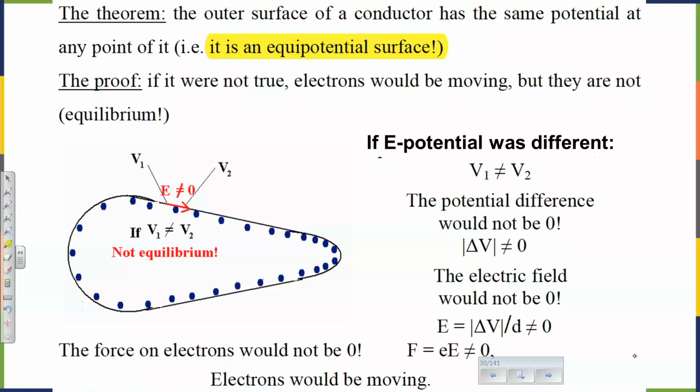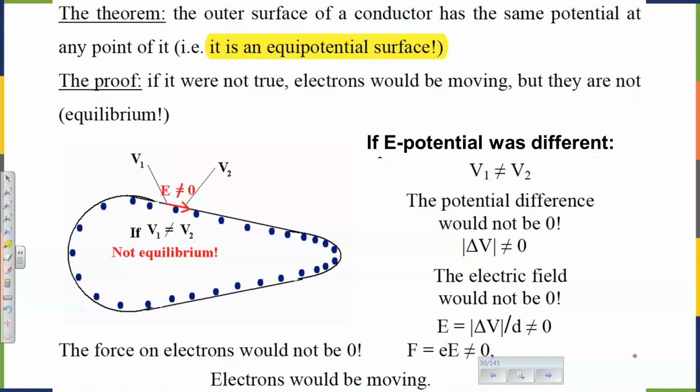If we had different potential here and here, the potential difference would create an electric field. That electric field would create a force. That force would make them move. When equilibrium is reached, that means no force, no electric field, and there is no potential difference.